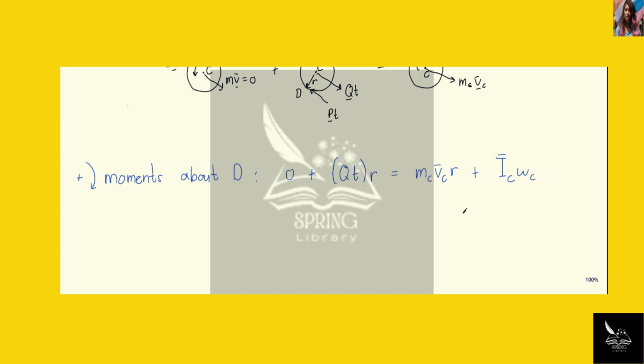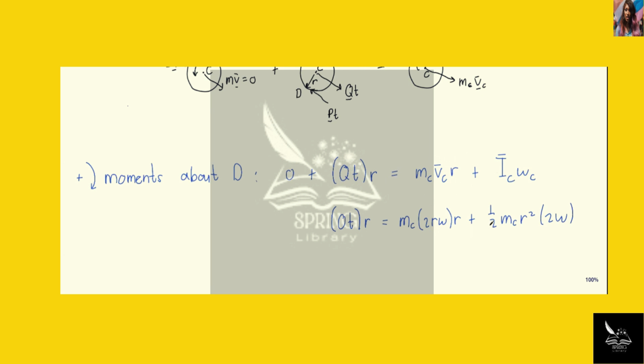Some of these we have values for, so we can substitute them in. So Q times t times r is equal to mC, and remember v bar C we wrote as 2r omega, times r, plus a half mC r squared times 2 omega.